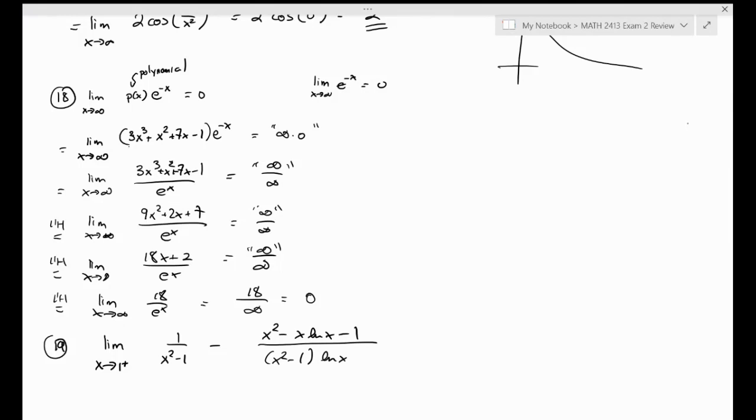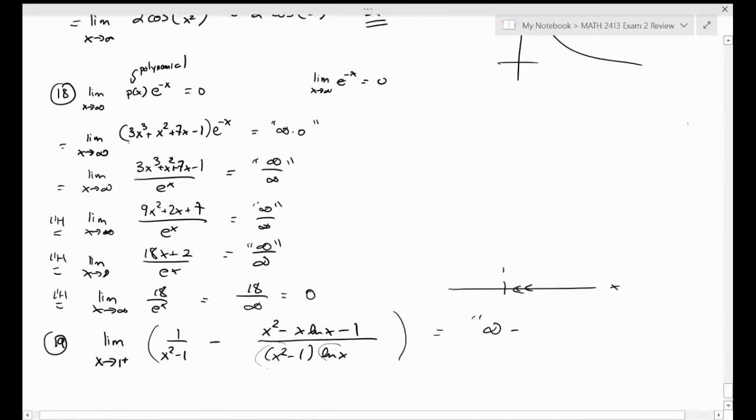Okay, so x is going to 1 from the right side for probably a good reason. So what happens to the first term? You get 1 over slightly positive 0, right? So infinity. And the denominator here, as x goes to 1, this goes to positive 0, this goes to positive 0. Oh, well, that's crappy.